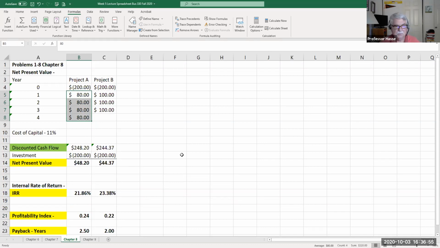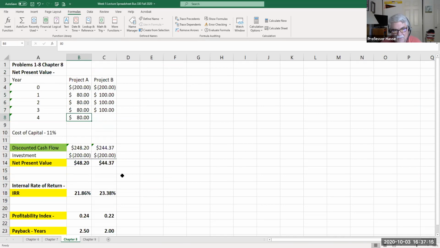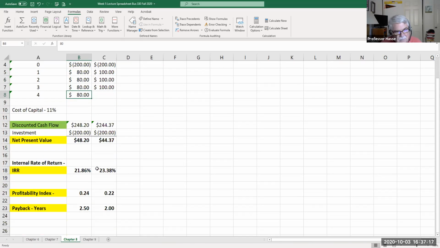You have to wait a little while because of the project's length. And remember, the project's length is determined by its depreciation schedule, how long you can depreciate that asset, which makes up cash flow. So that's the answers to Chapter 8's problem, which gives us all the examples. You're going to need to know all these 4 methods, especially in Assignment 3.